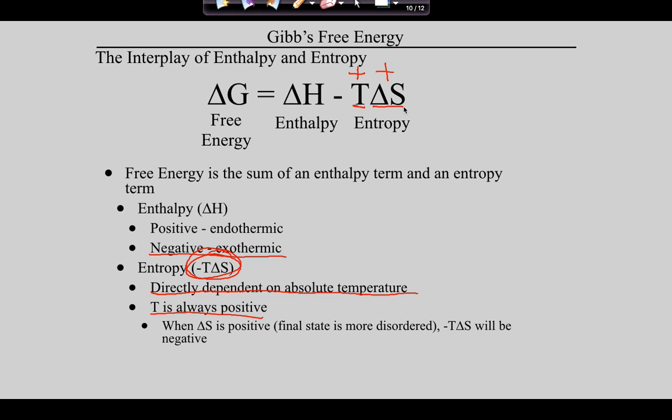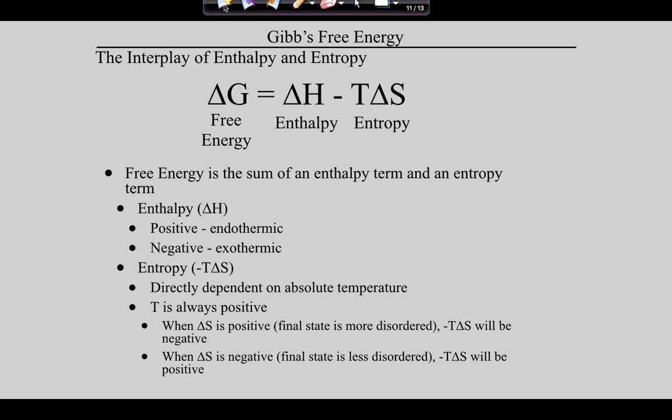Positive number. But then you're going to subtract it. You're subtracting a positive number. And if you're subtracting a positive number, what will that tend to make delta G? Negative, and that indicates spontaneity. Good? Now let's try this. Guys, what if the opposite is true? What if delta S is negative?